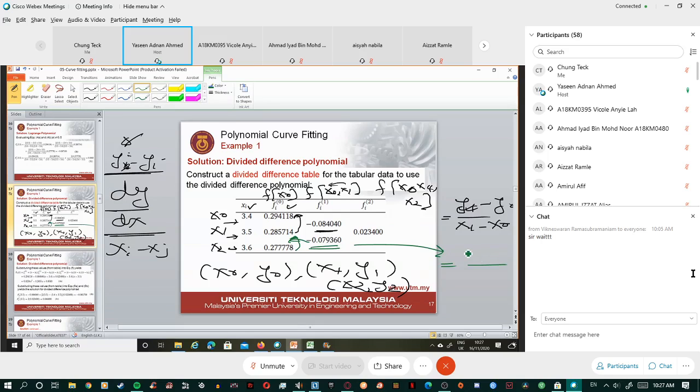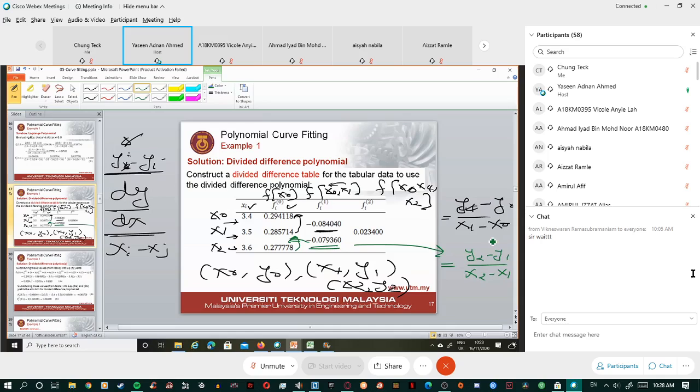That should be y2 minus y1, divided by, now again you need to think. Before you got 1, 0. Now you will have what? You need to consider 2, 1. So 3.6 minus 3.5. Okay.